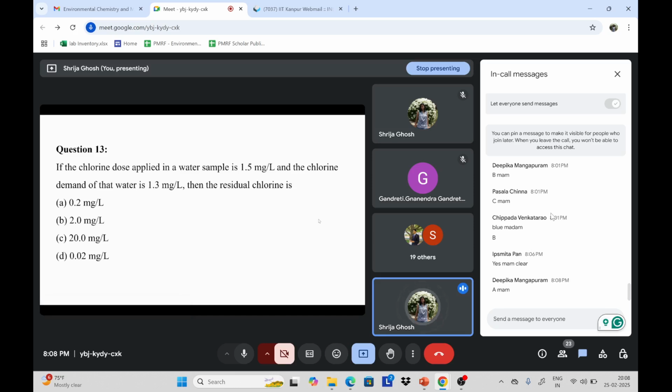I have one answer in the chat box, option A. What about others?